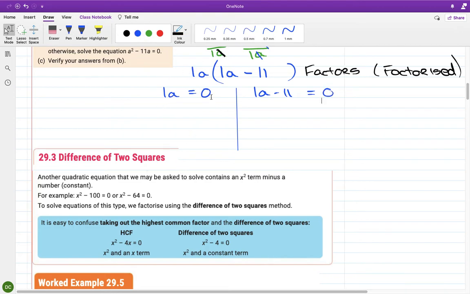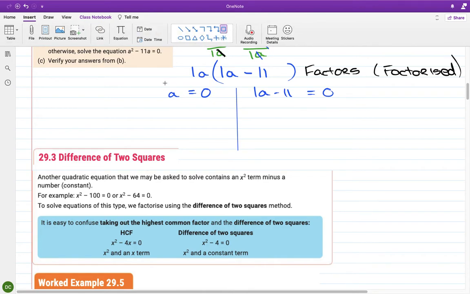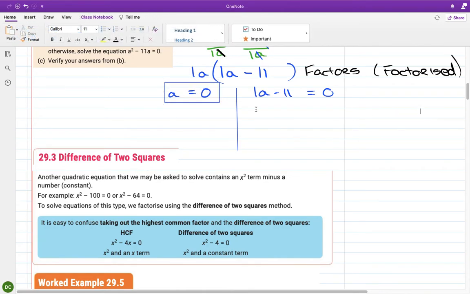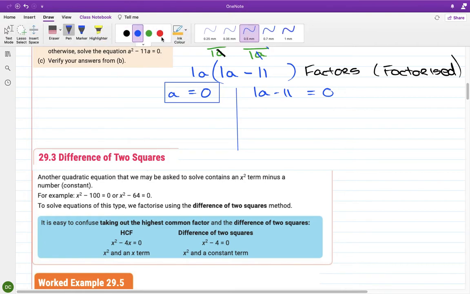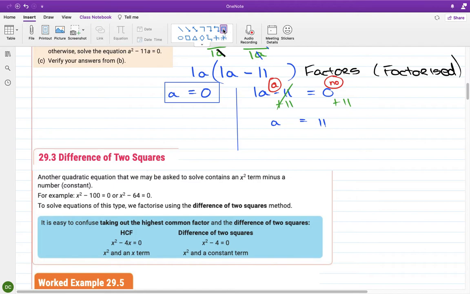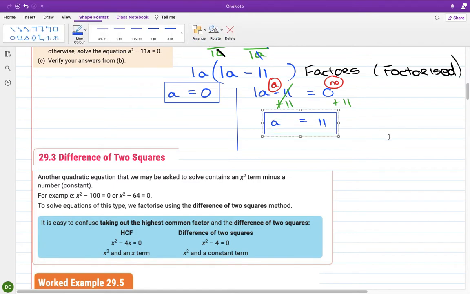You can divide by 1 on both sides if you want, or you can recognize that that is an invisible 1, in which case that one is actually done. a equals 0. On this side now, I want my a's over here, and I want my numbers over here. So the a is fine, the minus 11 is not, so plus 11, and then plus 11 over here. So 1a equals 11, and again, that is an invisible 1. So you can get rid of it, and you have a equals 11.